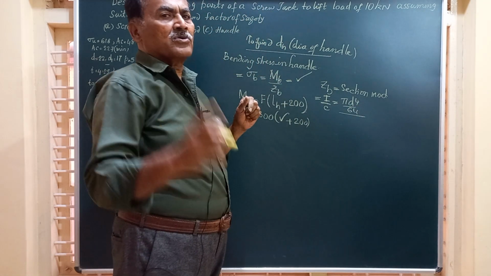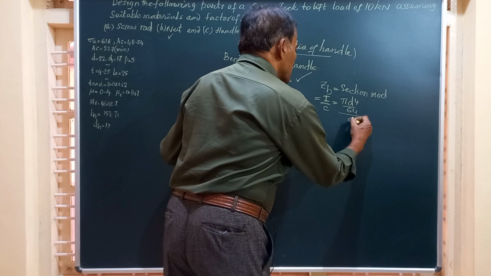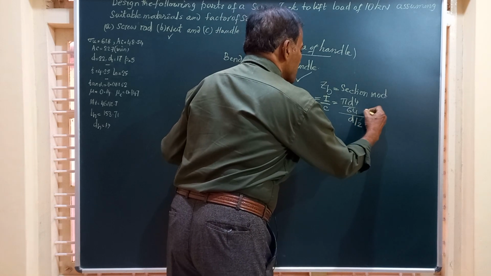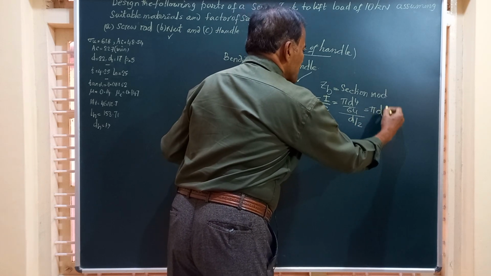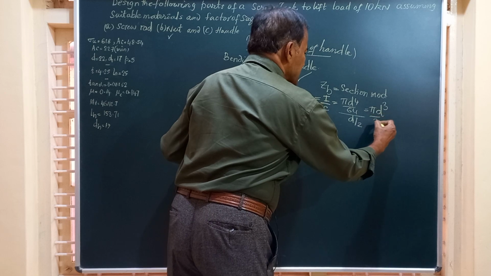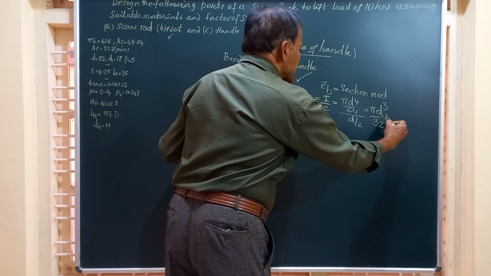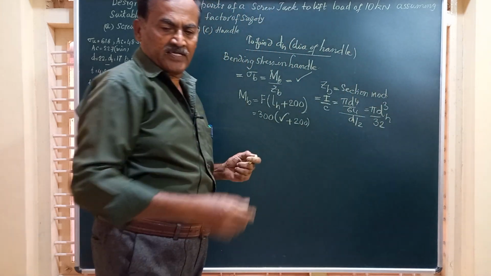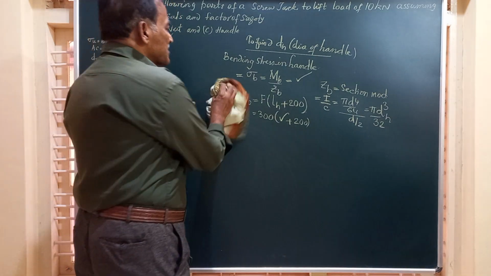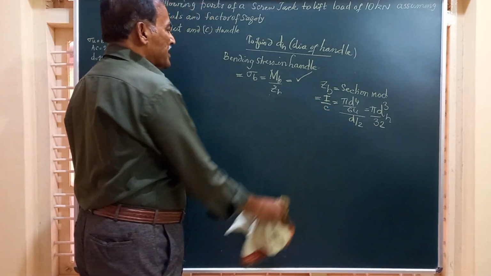C is equal to diameter by 2. And this works out to pi d cube by 32. And here this d is our dh.